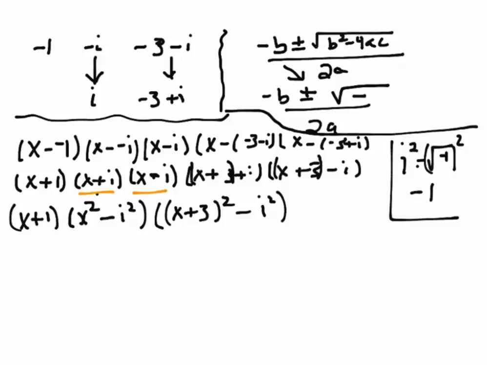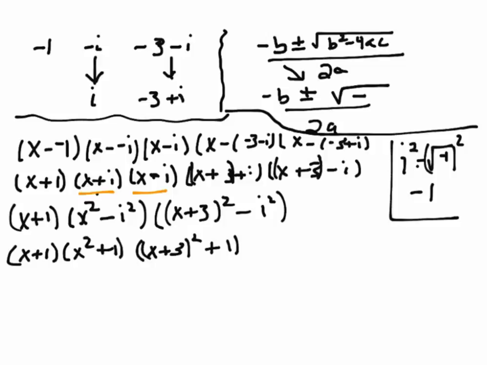So the next step would be leave the x plus 1 still, and this would be x squared minus -1, which would be plus 1. And then the last part here would be x plus 3 squared plus 1.